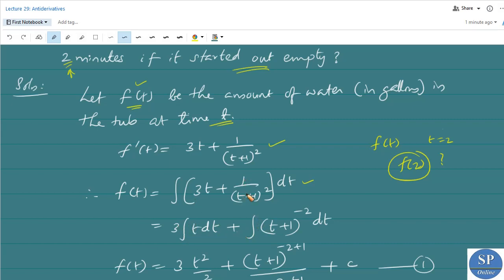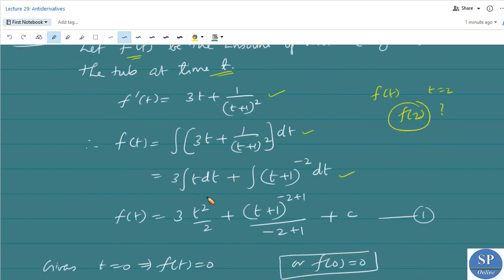integral of 1 by (t plus 1) whole square, which is nothing but (t plus 1) to the power minus 2, dt. Integrating, the integral of t is t square by 2. The integral of this is (t plus 1) power minus 2 plus 1 divided by minus 2 plus 1, because the integral of (ax plus b) power n dx is (ax plus b) power n plus 1 divided by n plus 1, into 1 by a.